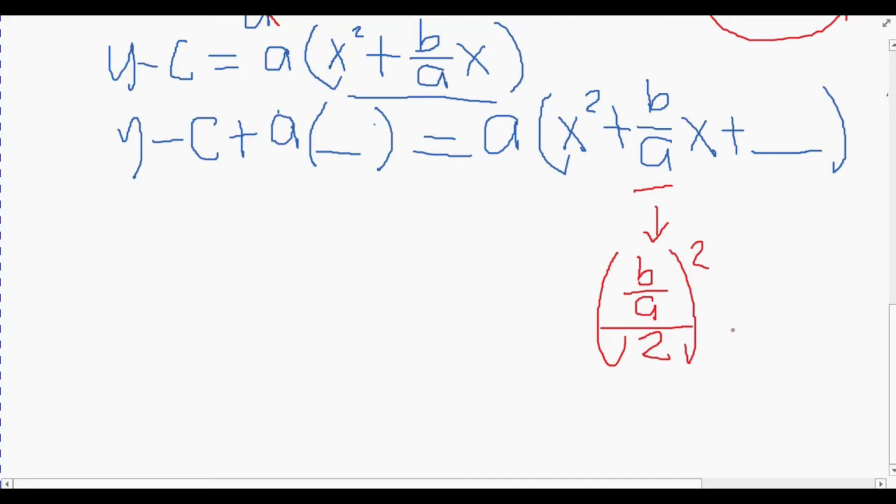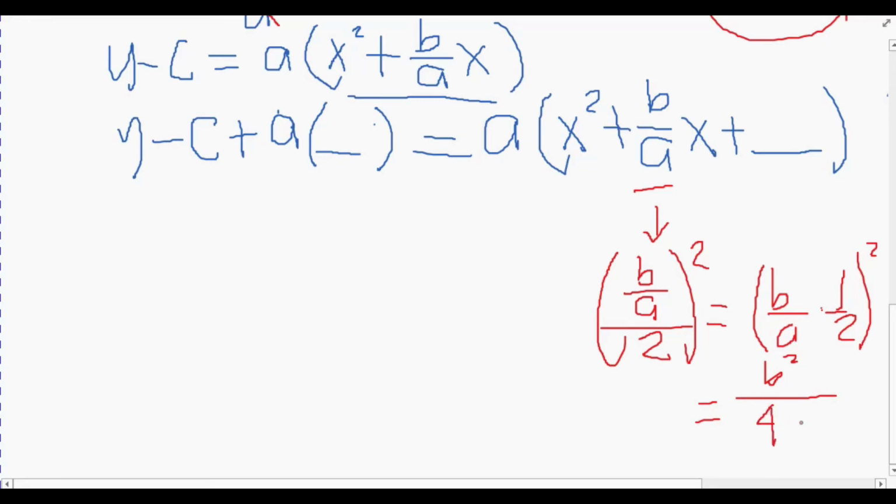So this will become b over a times 1/2. That is dividing a fraction quantity. So this will become b squared over square of 2 is 4, so 4a squared.